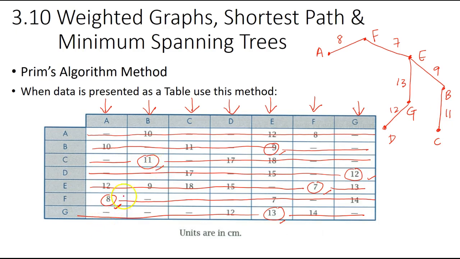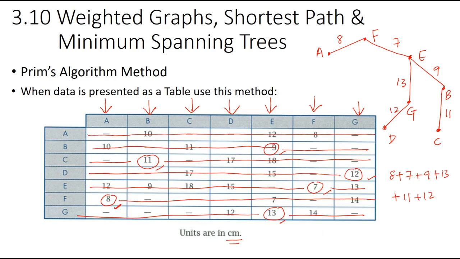Right, so if you look at the diagram, all the circled numbers I've already drawn in this minimum spanning tree. And what will be the minimum time? Sorry, not time, in this case it is centimeter. Minimum distance, you can total all the values, which is 8 plus 7 plus 9 plus 13 plus 11 plus 12.